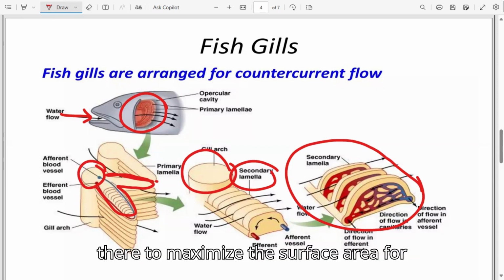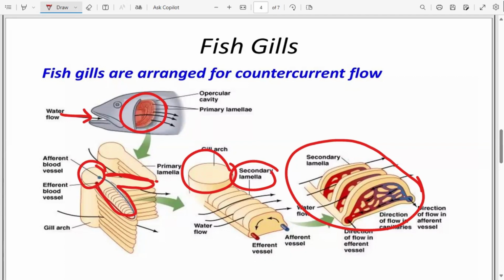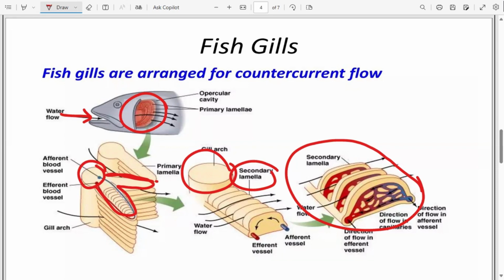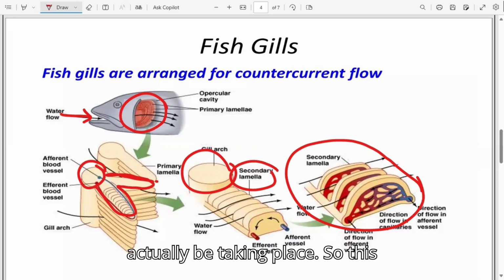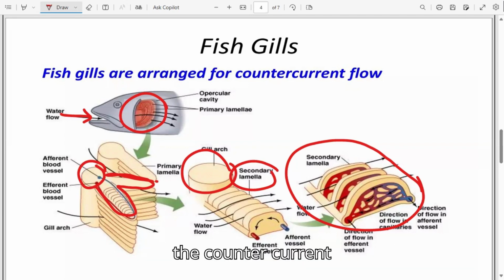The foldings are just there to maximize the surface area for gaseous exchange until they reach the capillaries, where the actual exchange of gases will be taking place. So this exchange is following what we are calling the counter current mechanism.